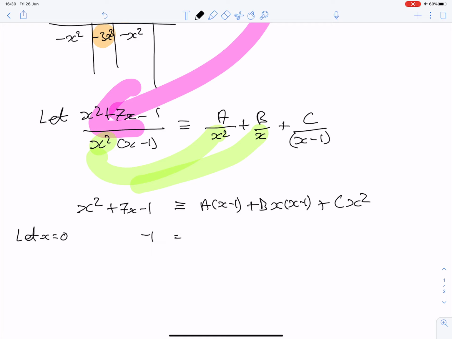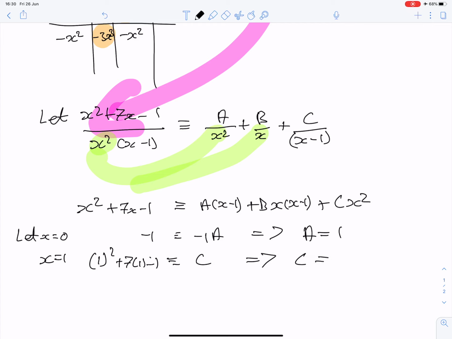We get minus 1 equal to negative 1 lots of A plus 0 plus 0, so A equals 1. If you let x equal 1, we've got 1 squared plus 7 times 1 minus 1, which is 1 plus 7 is 8, take away 1 is 7, equal to 0A, 0B, C. So C is equal to 7.